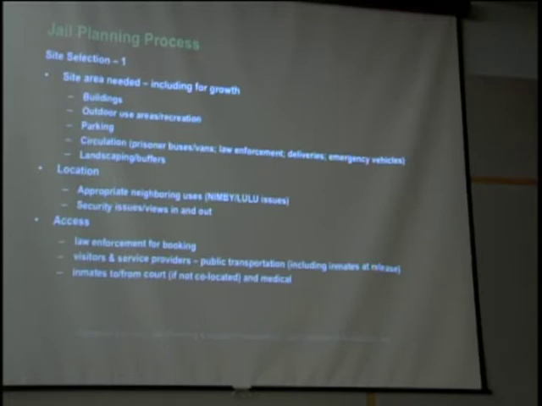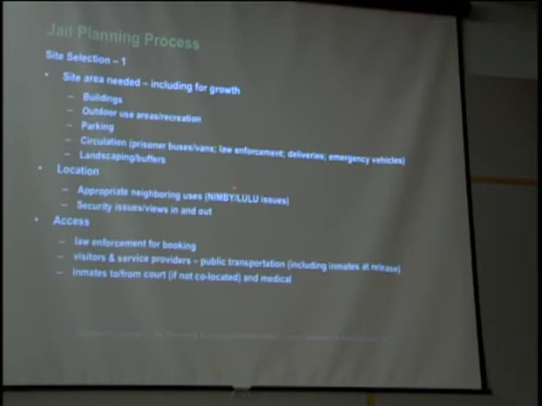The space is accounted for, obviously, by the buildings, outdoor use areas, such as recreation, parking space, circulation, drop-offs, landscape buffers, zones of refuge, and things like that. Where should it be? What are appropriate neighboring uses?